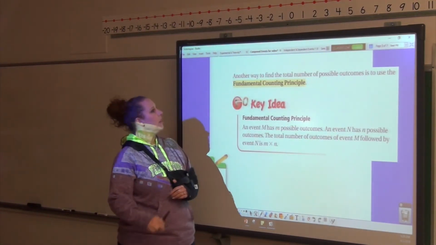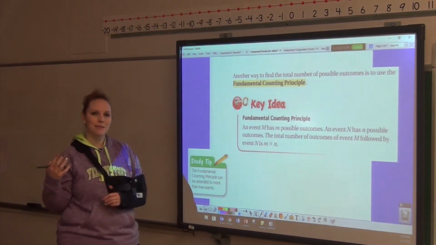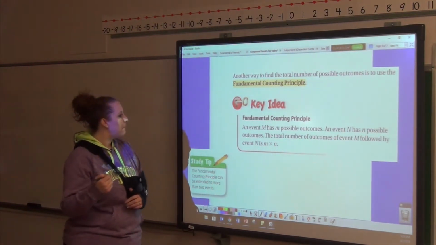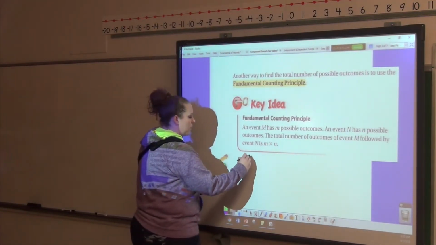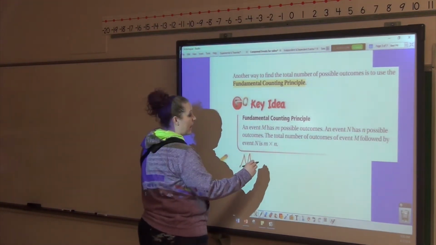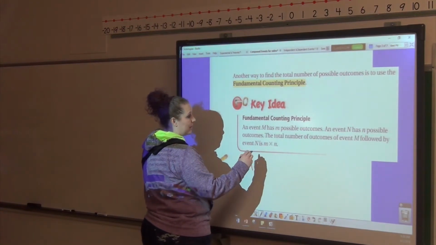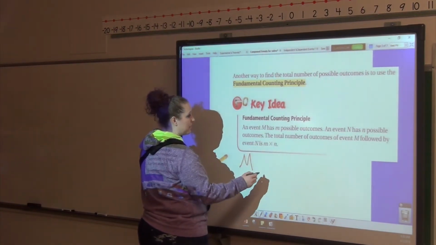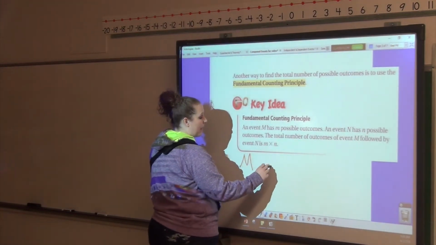Another way to find the total number of possible outcomes is to use the fundamental counting principle. Basically, it says an event M has M possible outcomes.